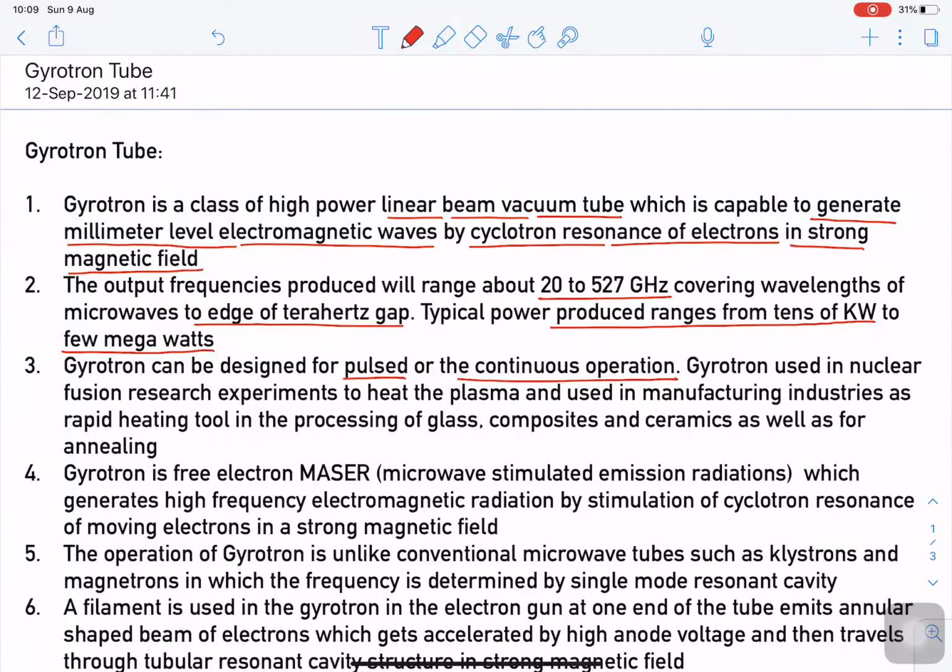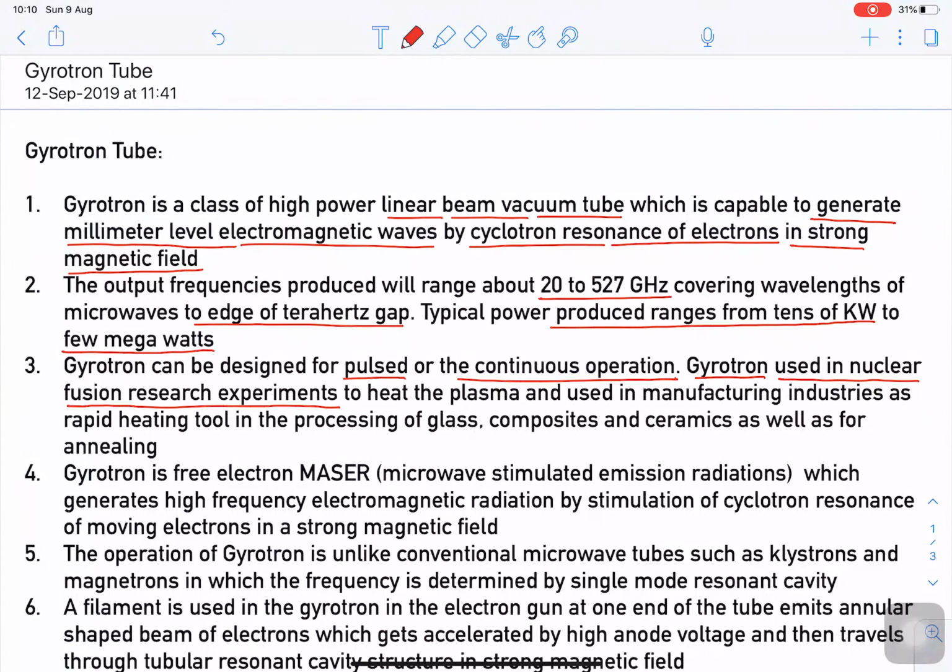Gyrotrons are used in nuclear fusion. The application where the gyrotron tube is used is especially in nuclear fusion research experiments, right? Why do we use this in nuclear fusion research experiments? In order to heat the plasma. It is also used in manufacturing industries as a rapid heating tool in the processing of glass, composite, ceramic, as well as for the annealing process.